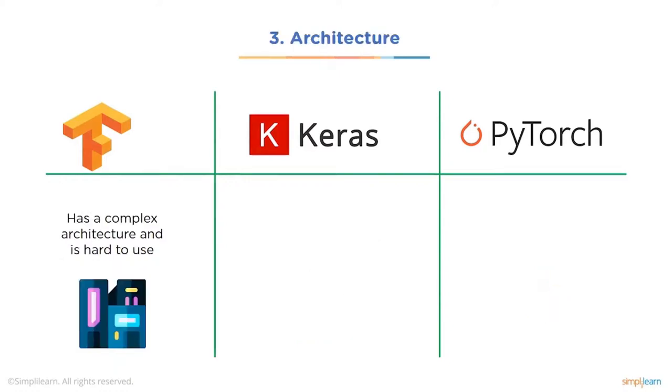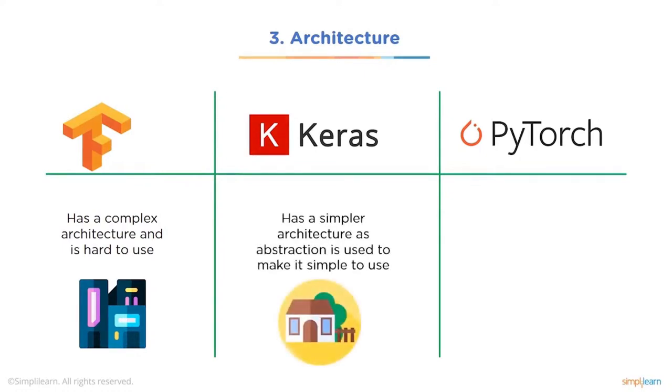The next difference is on the architecture. TensorFlow is not very easy to use, and even though it provides Keras as a framework that makes it work easier, TensorFlow still has a very complex architecture which is hard to use. Meanwhile, Keras has a simpler architecture and is easier to use. It provides a high level of abstraction which makes implementation of programs in Keras significantly easier.